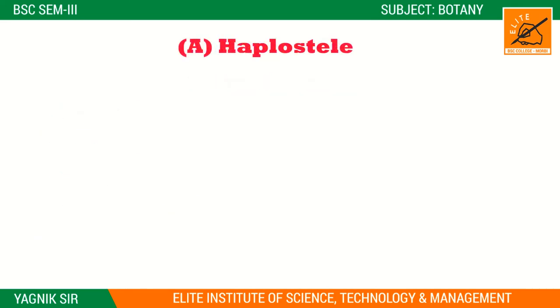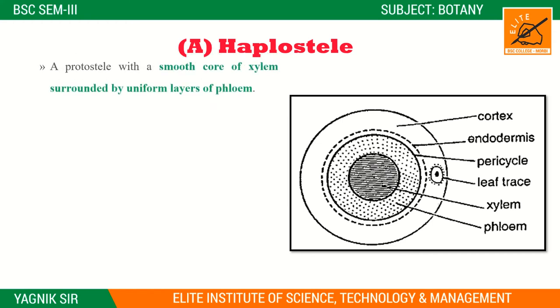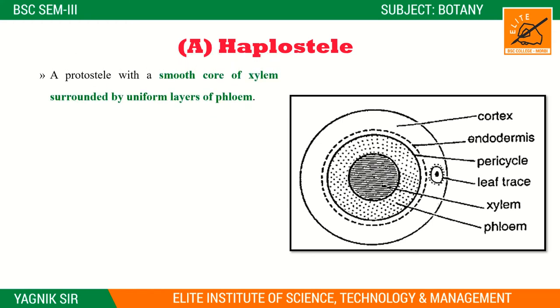So let's start. First is the haplostele. This diagram of the haplostele is compulsory to draw in the exams, right? So in the protostele there is a smooth core of the xylem surrounded by a uniform layer of the phloem. Normally in the protostele, xylem is surrounded by phloem, right?